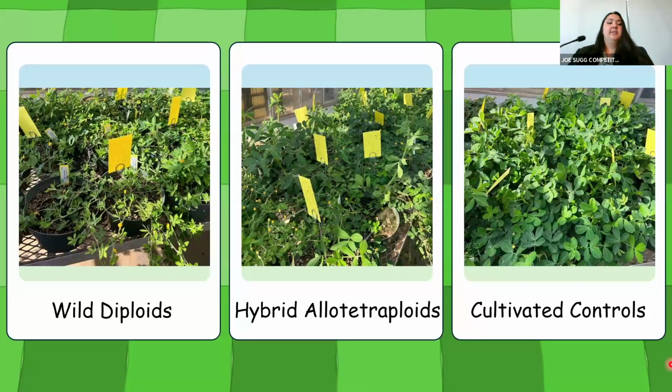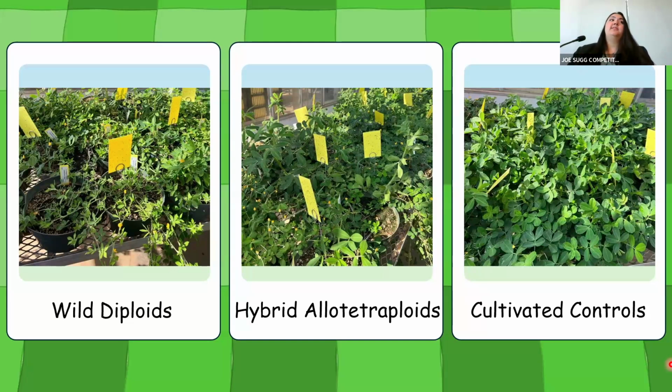You can see some of the wild diploids, the hybrid allotetraploids, and the cultivated controls that I compared them to. For this experiment, I had 3 different cultivated controls, being Georgia 06G, the most commonly cultivated peanut in the United States, Tifrunner, and Bailey. Bailey is supposed to be one of the more resistant varieties of peanut to early leaf spot. So I utilized that as a control, kind of as a check to see how this bioassay would do.